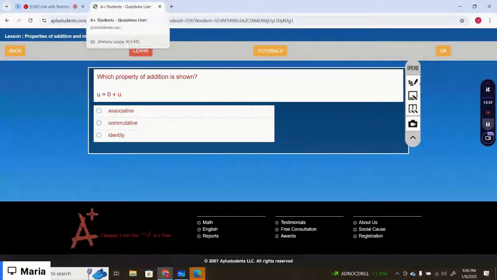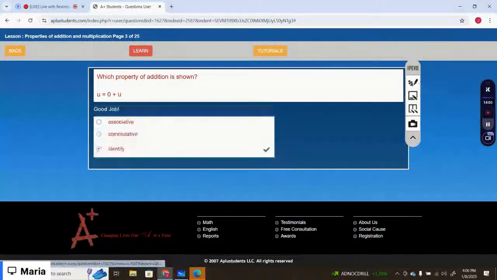Which property of addition is shown: u equals 0 plus u? Whenever you add a number to 0, the number stays the same. So that means that is the identity property. The correct option is identity property.